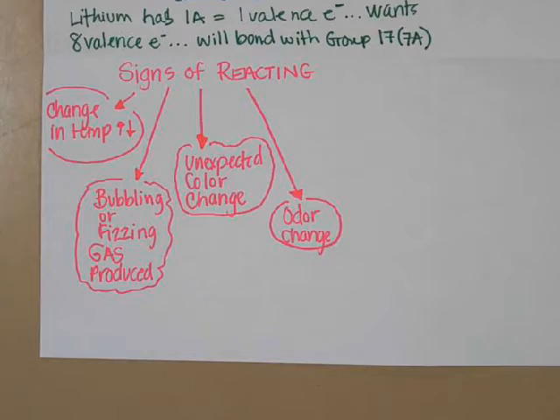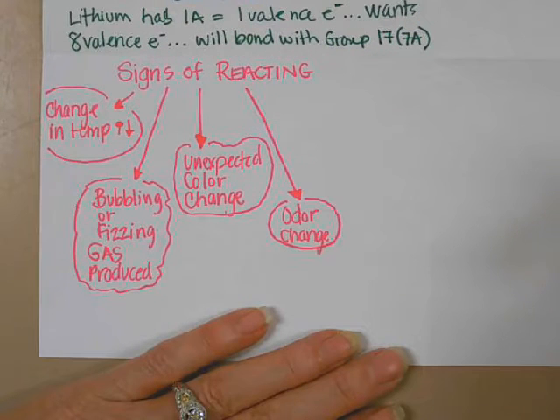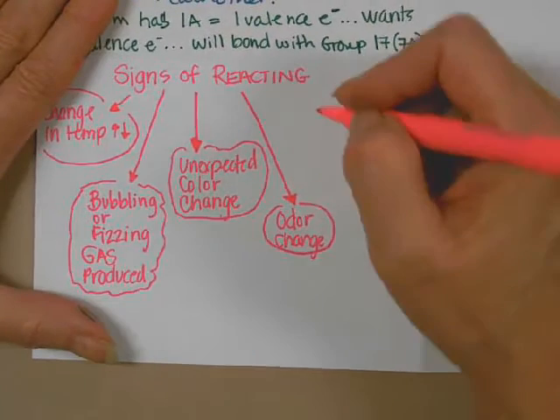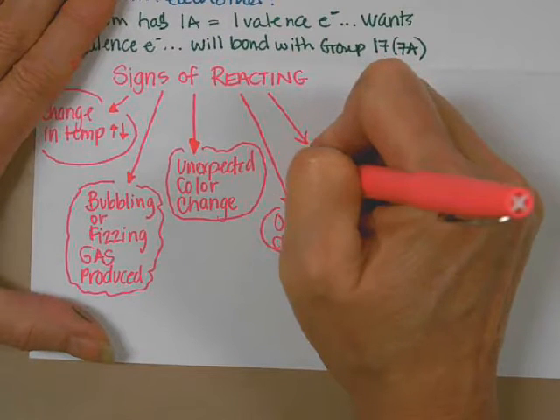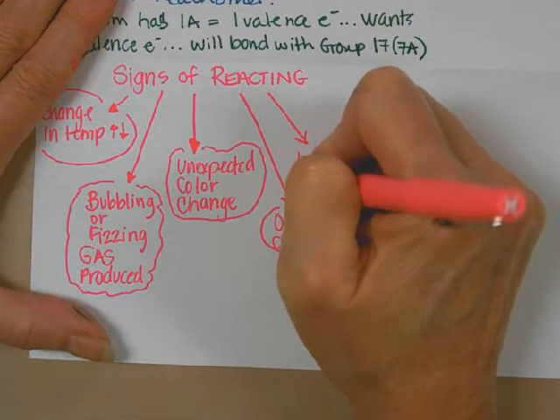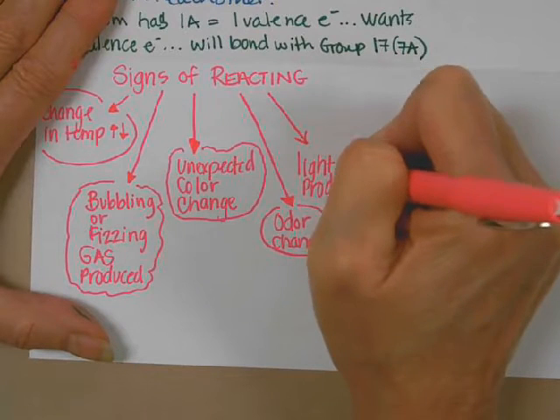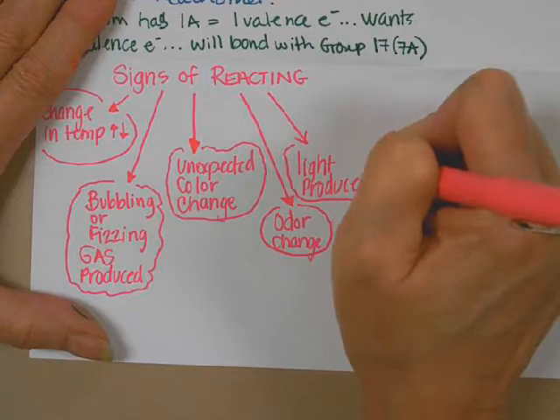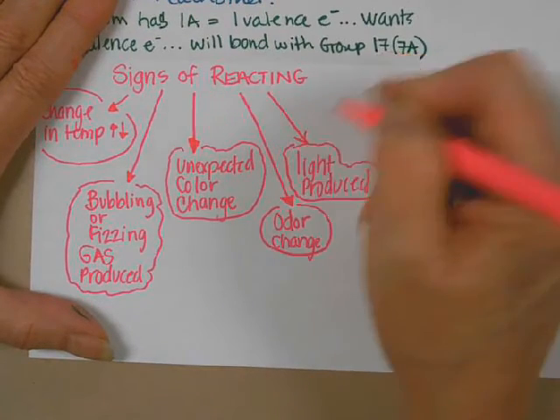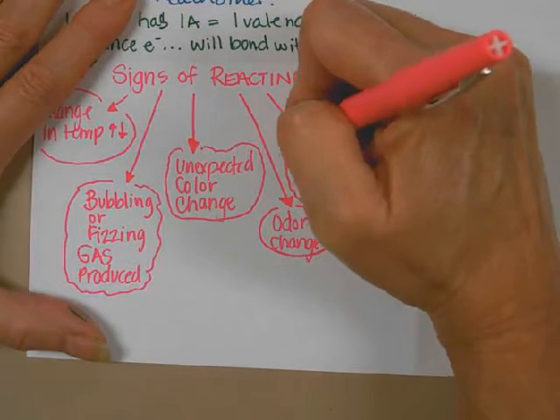What are some more examples? You might produce light, right? Like when you had that glow stick or that magnesium started to burn, or fireworks, we have that light production. Light produced. We didn't have any before. And then last but not least, sometimes you get a solid that forms from two liquids.